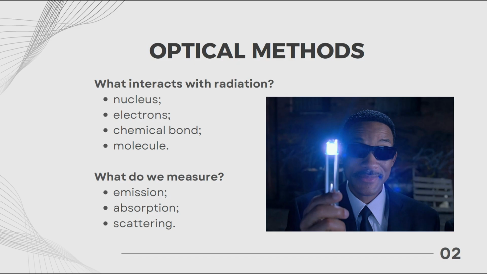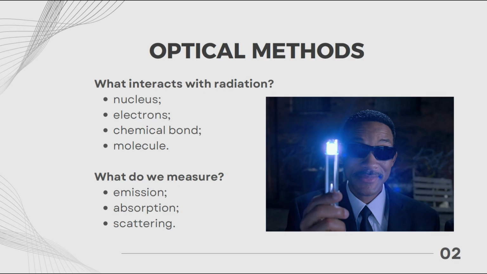The second way to variability is what we actually measure. Mainly optical methods work the same: you make the analyte get energy from the radiation, but then the question is, what do you measure?